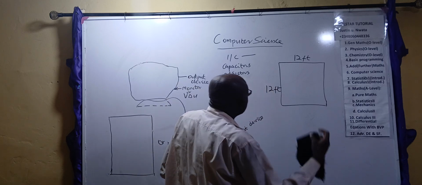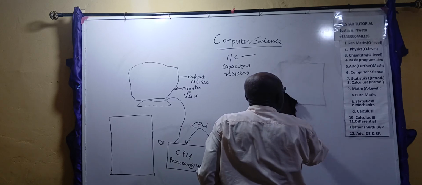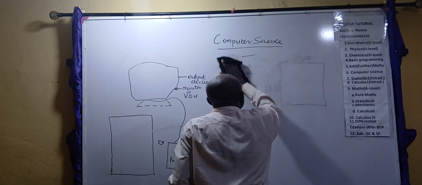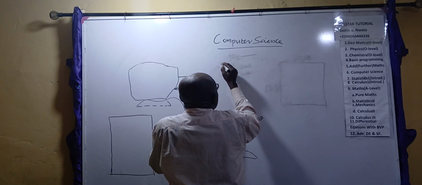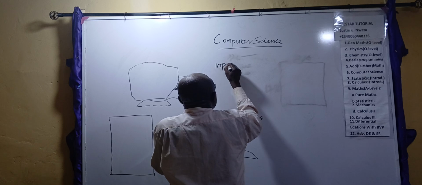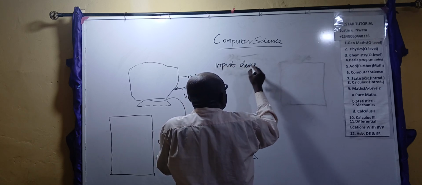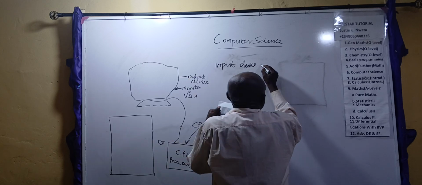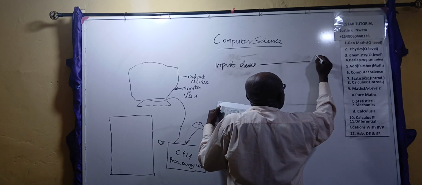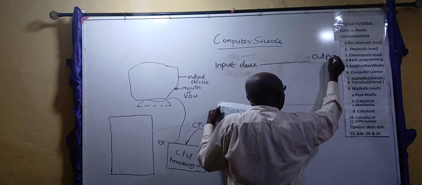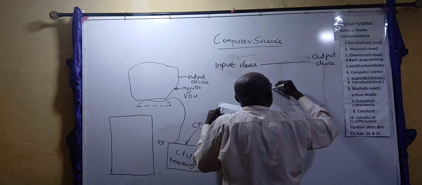Now, this brings us to an important discussion about computers. Every computer has an input device or section. What comes out is output device. Then here, what goes on here is what?